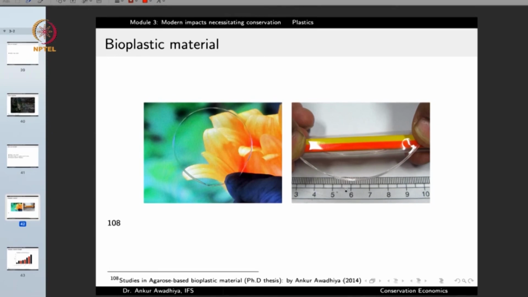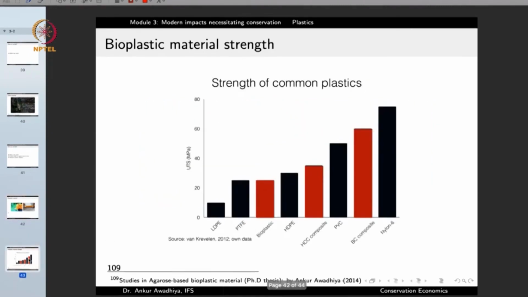You can mold it, you can bend it, and the strength of these bioplastics is similar to or greater than the strength of the common plastics, such as the low density polyethylene, or if we go for a bacterial cellulose composite of this plastic, it is even greater than that of the high density polyethylene. So we have alternatives available with us.